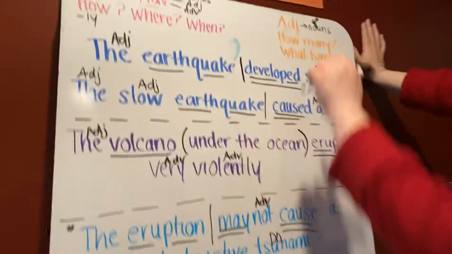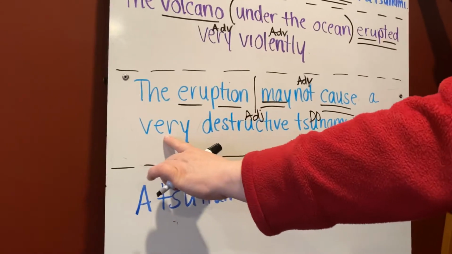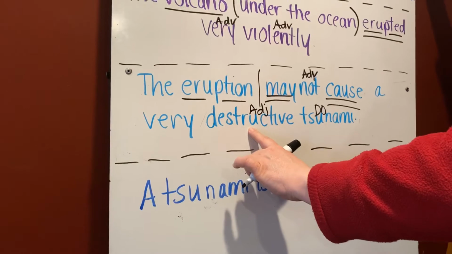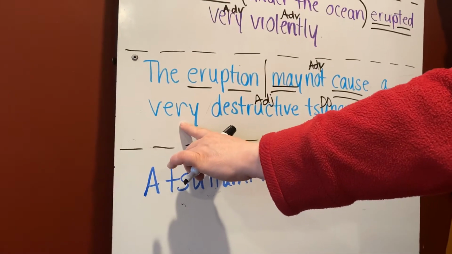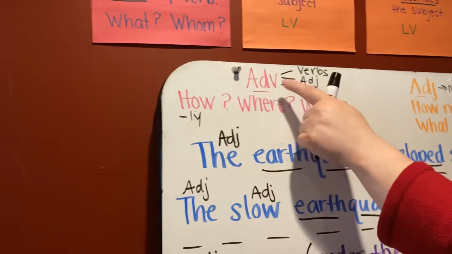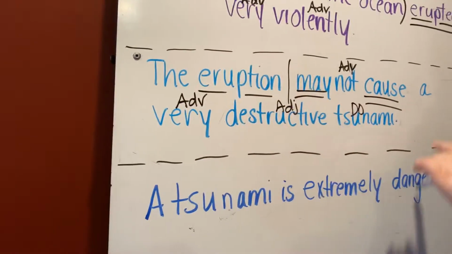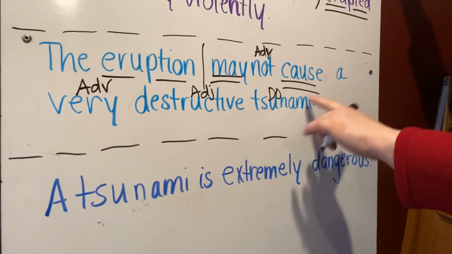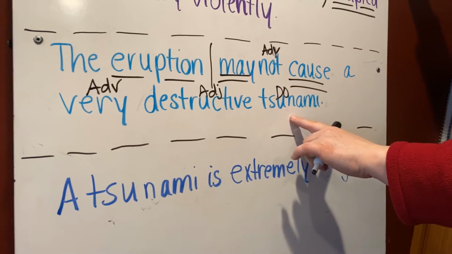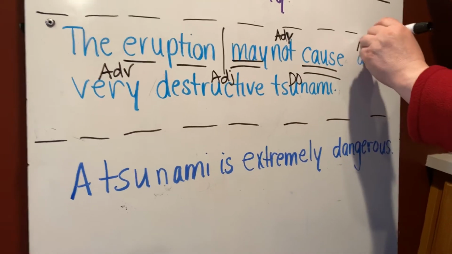So that is going to be an adjective. Very is describing destructive. What type of word describes an adjective? An adverb. A is describing tsunami. A tsunami. So what describes a noun? An adjective.